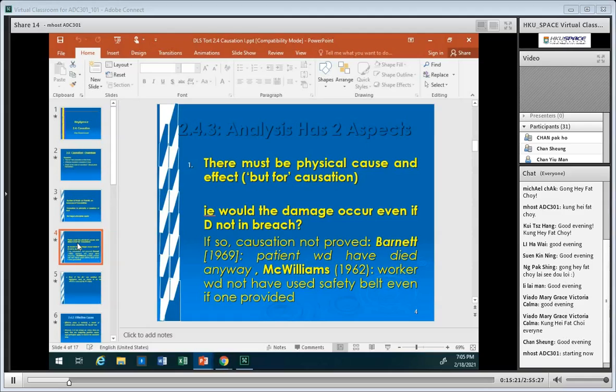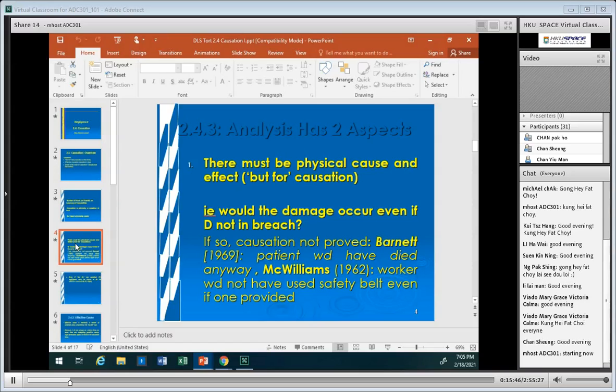And with regard to the so-called but-for test, the leading case will be Barnett. Remember, the question is one of physical cause and effect. And in Barnett, the patient would have died anyway. He had drunk some tea with arsenic in it, and he would have died anyway.